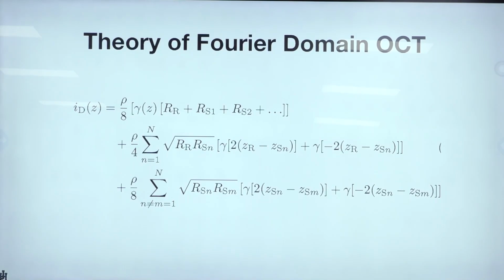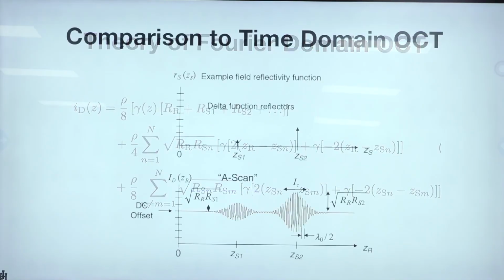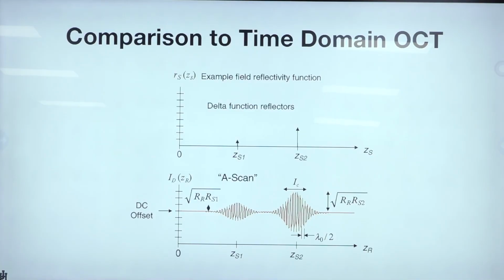In that sense, the data that you get is basically constants and gamma of the difference in distance to the first layer, second layer, third layer, and these are the cross layers. So this is gamma of the first one, gamma of the second one, and so on.